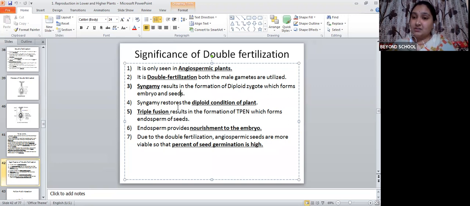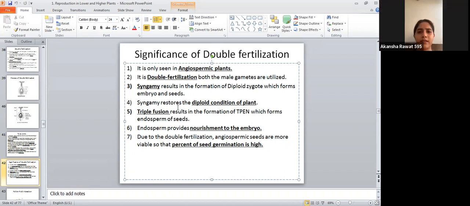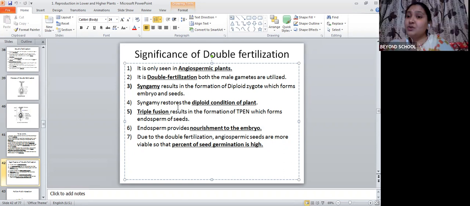I'll see the radicle, I'll see the plumule, isn't it? The reason behind that is those seeds are angiospermic. The viability is more, double fertilization activity has been carried out, and the seed germination rate is also very high. Understood? That's why the seed has lost its dormancy. Means what? Dormancy means what?